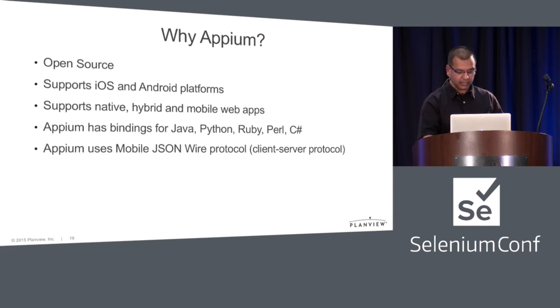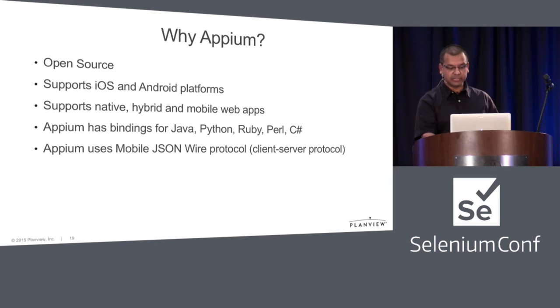And this brings us to the next question: which tool should we use for mobile automation? Appium has certain benefits. It is similar to Selenium, and it's open source. It is cross-platform, that is, it supports iOS and Android platforms.